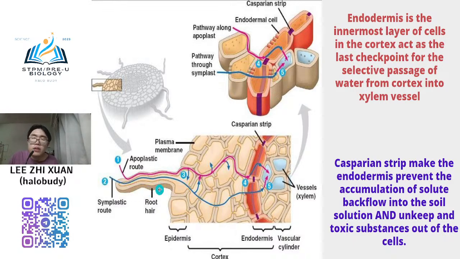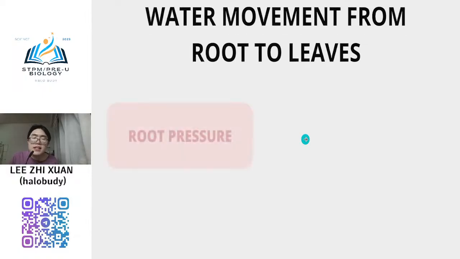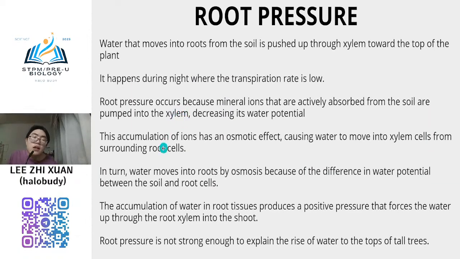So when the root hair water potential is decreased, the water potential outside the root hair in the soil is higher than inside the root hair. So the water molecules can diffuse into the root hair from the soil. This is the main purpose of root pressure. Normally this accumulation of ions has an osmotic effect, so water will move into the root xylem from the surrounding root cells. Water molecules move into the root by osmosis because of the water potential difference between the soil and the root cell.